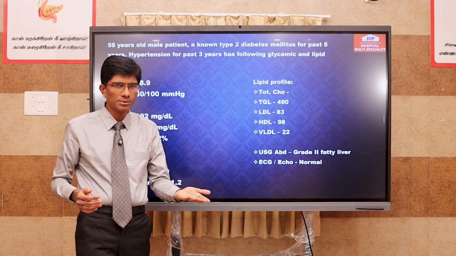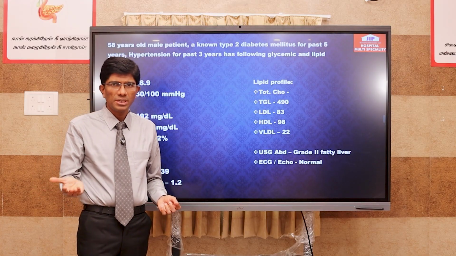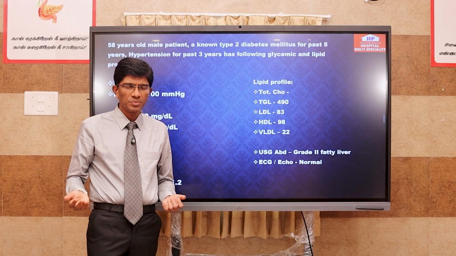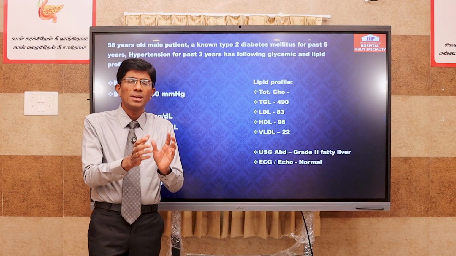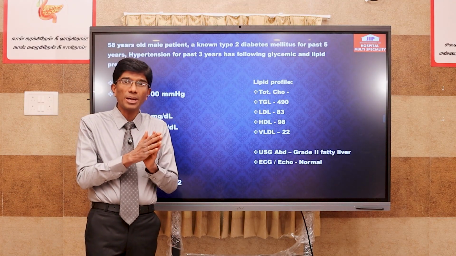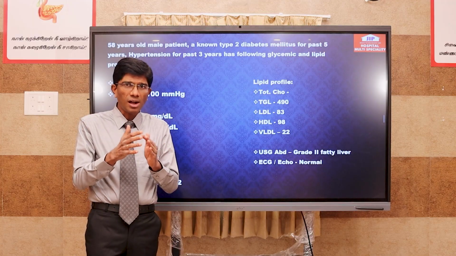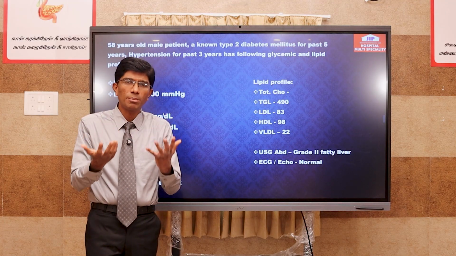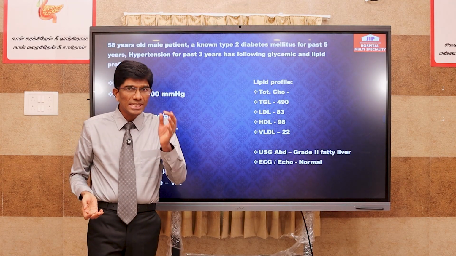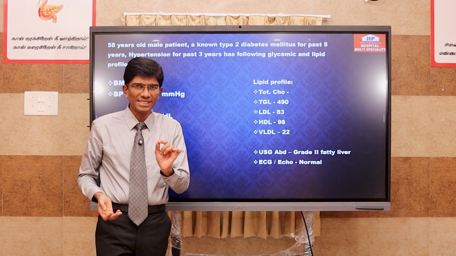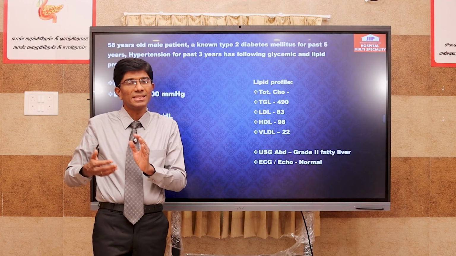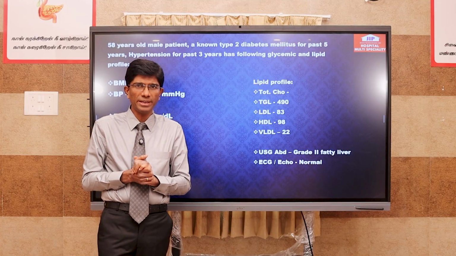Either you can choose a calcium channel blocker or you can use an ARB or ACE inhibitor. But any diabetic patient who has microalbuminuria or macroalbuminuria or some form of chronic kidney disease deserves an ARB or ACE inhibitor rather than a calcium channel blocker. That is very, very important.